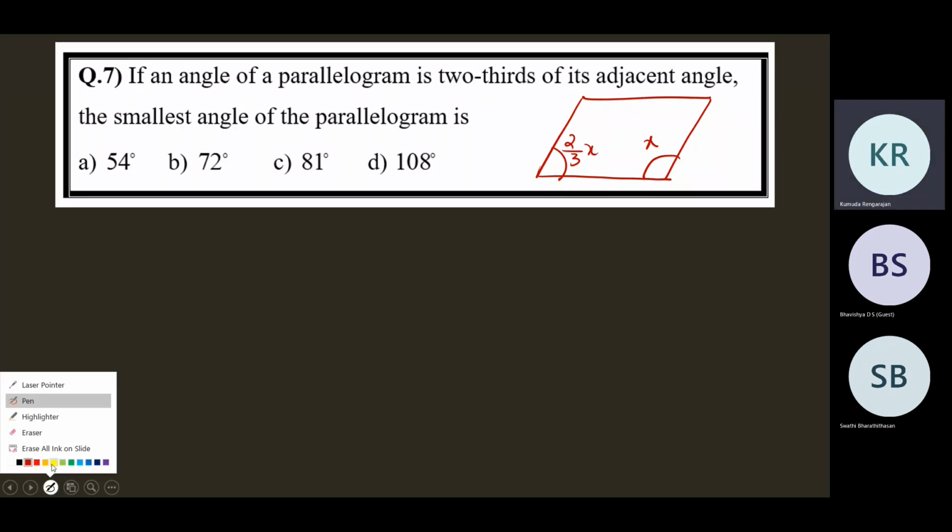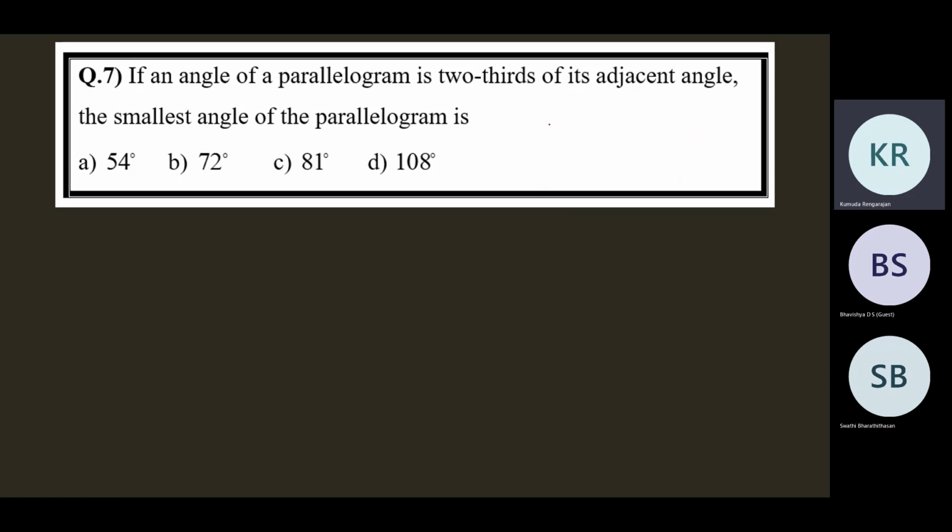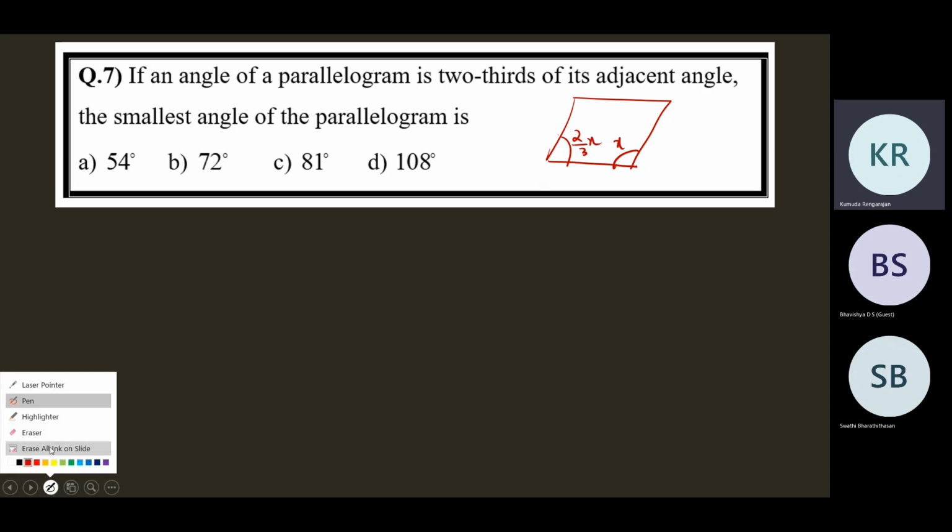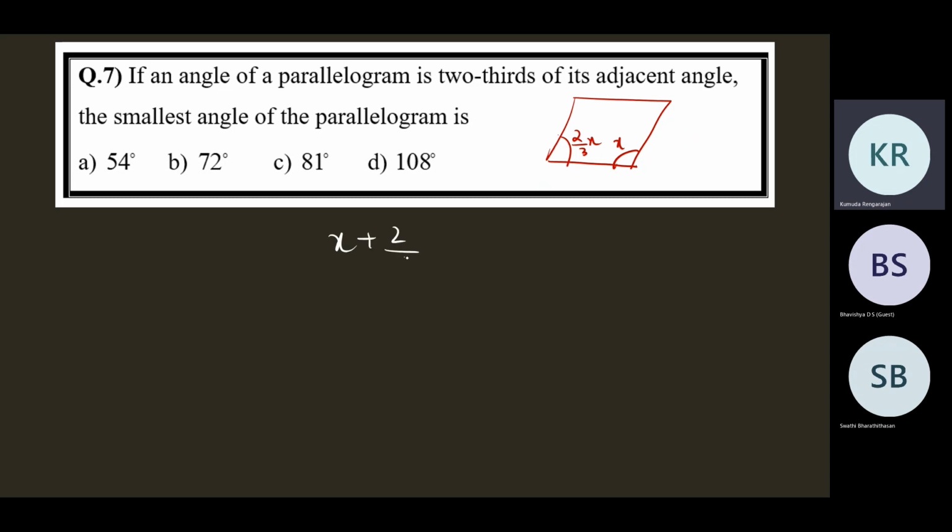In a parallelogram, if this angle is x, its adjacent angle will be 2/3 of x. But what is the relation between the adjacent angles? They are supplementary. So x plus 2 by 3x is equal to 180.